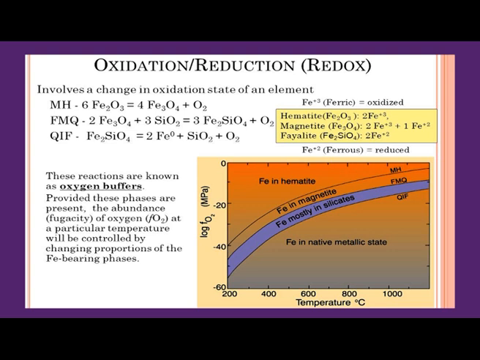In iron oxides, mainly hematite, magnetite and wustite, or iron oxide, are the most useful indicators for partial pressure PO2 in the crust.